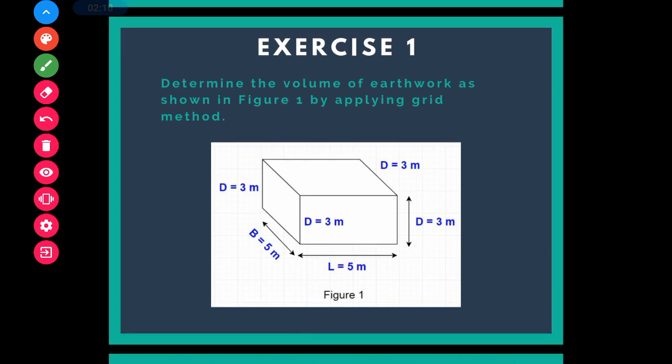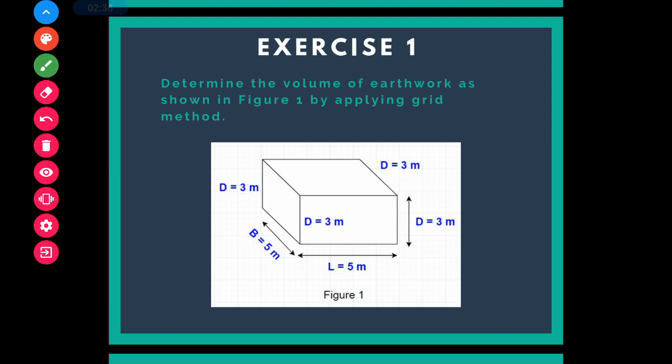We are going to look at exercise 1. The question is, determine the volume of earthwork as shown in figure 1 by applying the grid method. Provided here, the length is 5 meter, the breadth is 5 meter, and the depth is 3 meter.